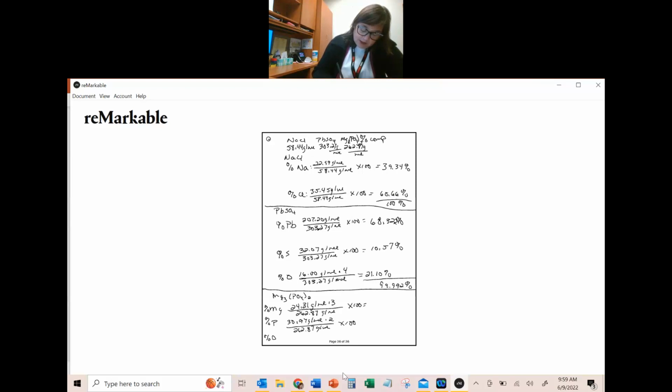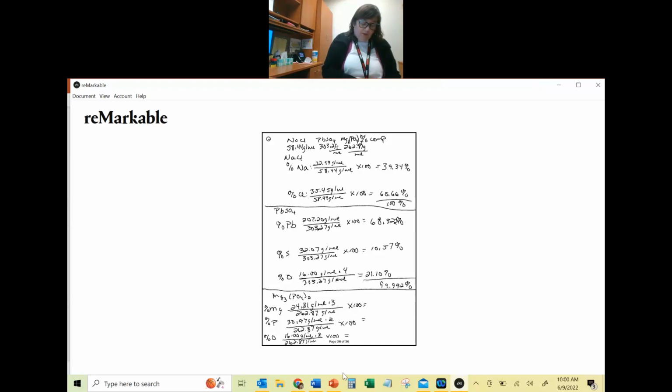And then my oxygen is going to be 16.00 times 8 over 262.87 grams per mole. Oh, I didn't write grams per mole. Multiply that by 100, and that'll give me a percentage as well.